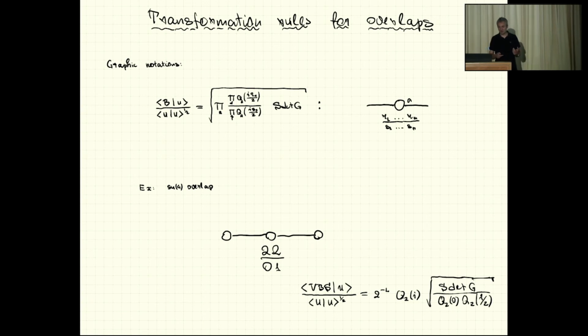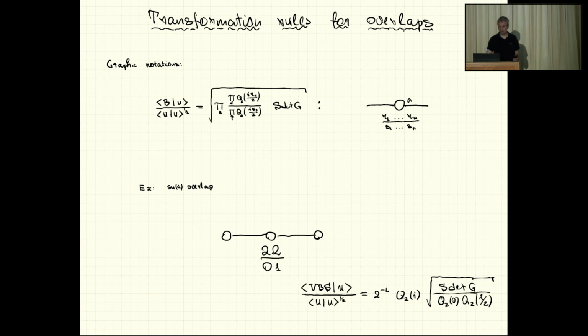But since we expect the formula to be of the same form for all gradings, this Jacobian shouldn't spoil the form of the overlap.